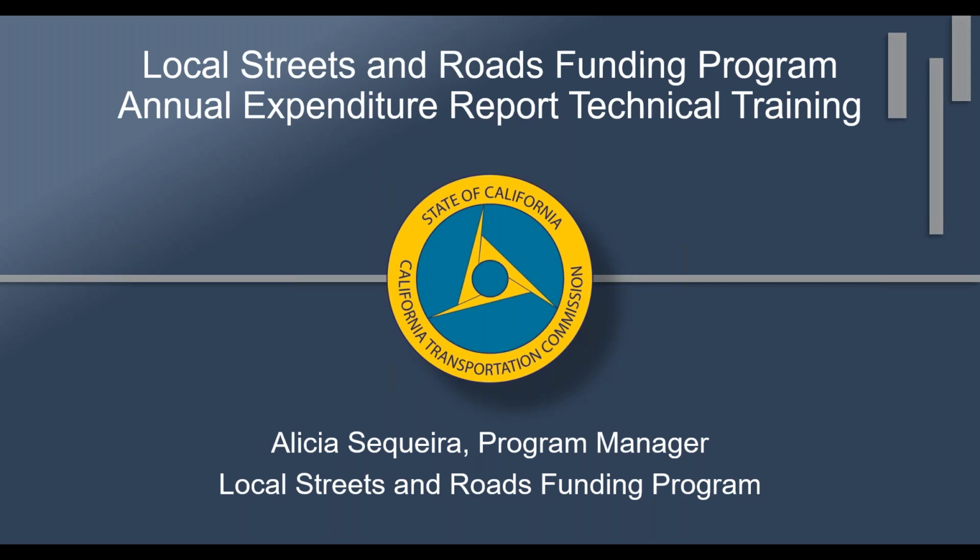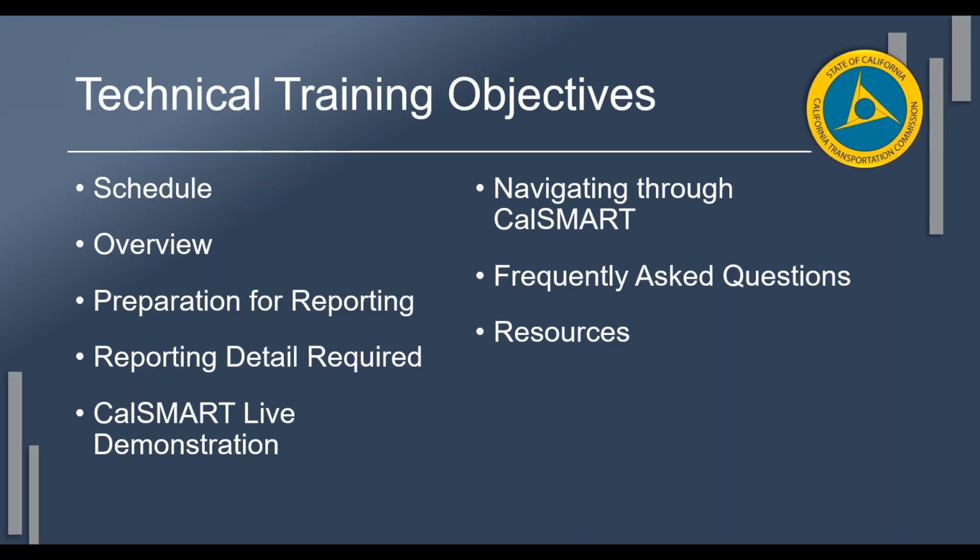So we're all here and available to provide assistance and to answer questions. And we're going to go ahead and get through this right now. But one thing I want to remind everyone is that this is an annual technical training. There have been no major changes to the reporting system, to our reporting guidelines, to the reporting requirements and details that we are asking you for. So really the first half of this is going to be an overview.